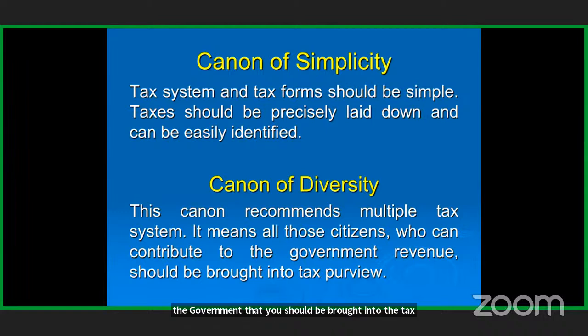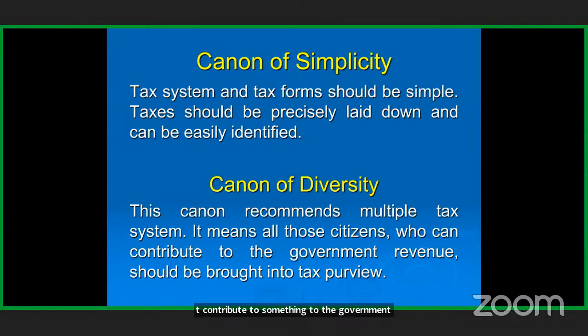For instance, taxes should be spread over industries, businesses, services, professions, transport systems. In other words, the diversification of taxes should be practiced in such a way that every section of the community or society and every individual must contribute something to the government exchequer.